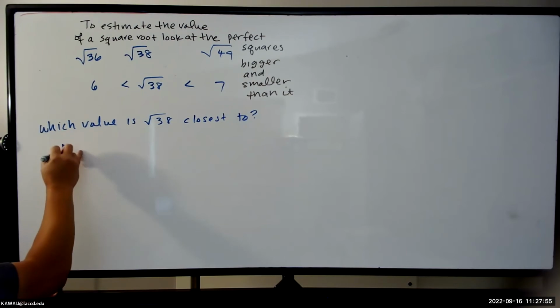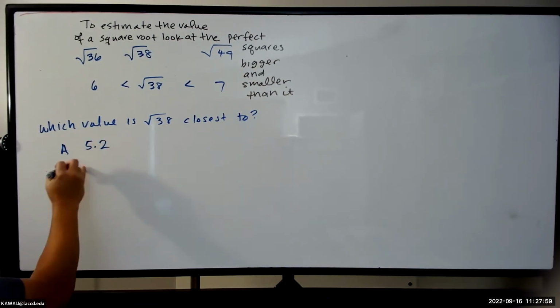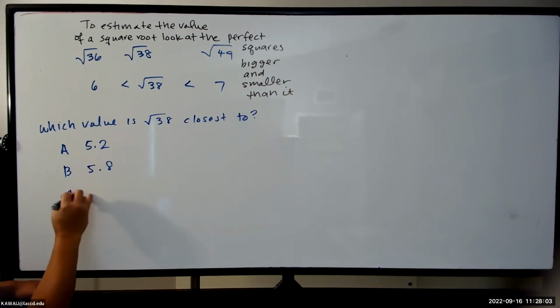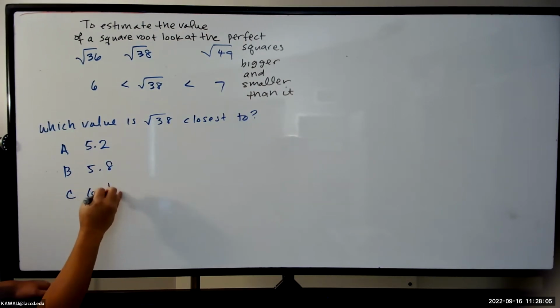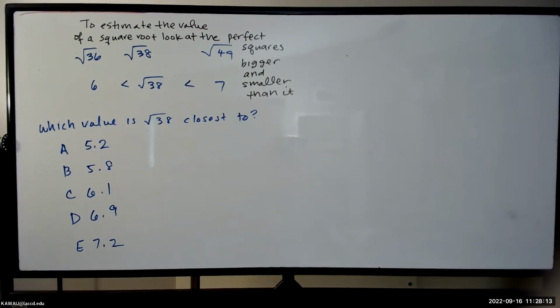You had A, 5.2, B, 5.8, C, 6.1, D, 6.9, E, 7.2. Okay, so go ahead, write that.